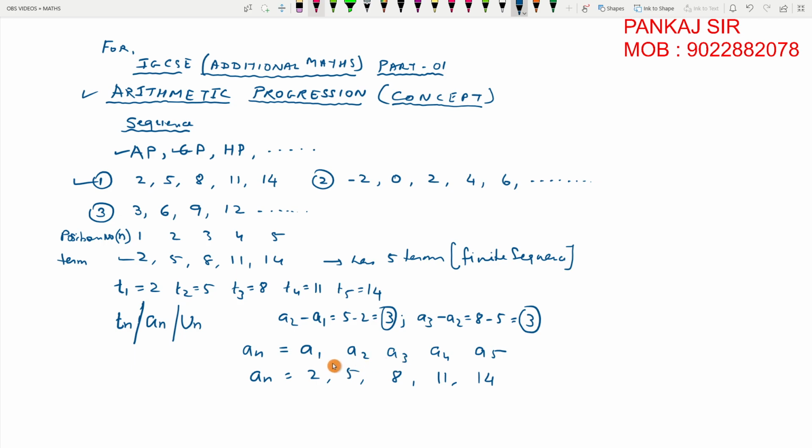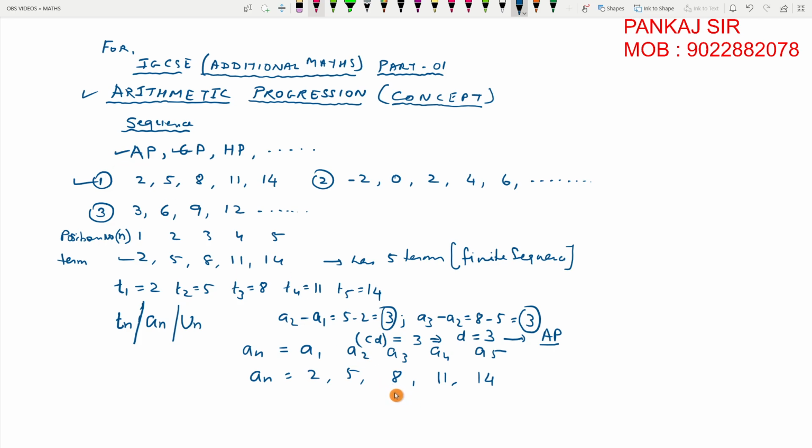So when you get a constant difference like 3 in this case, then this 3 is called the common difference, CD. And this common difference is denoted by D. So for this sequence, D is 3. And whenever you have a common difference in any sequence, that sequence is called an arithmetic progression. So this sequence is an arithmetic progression, or this sequence is of the first type, arithmetic progression.